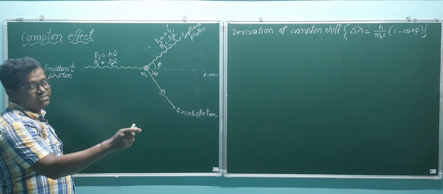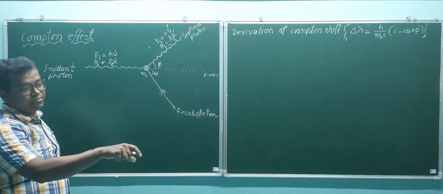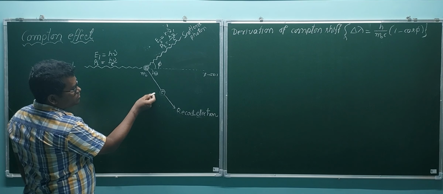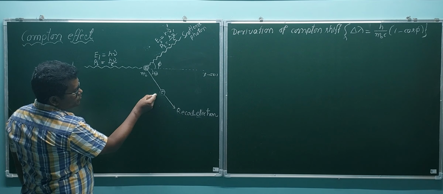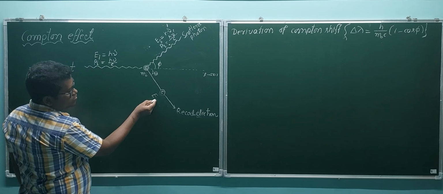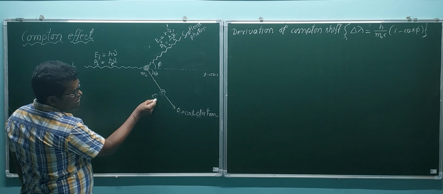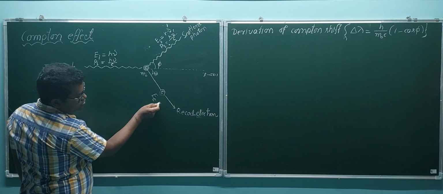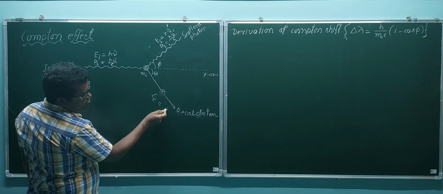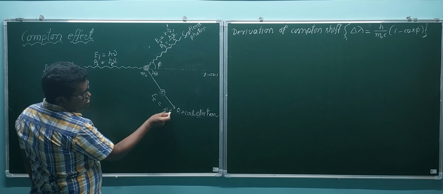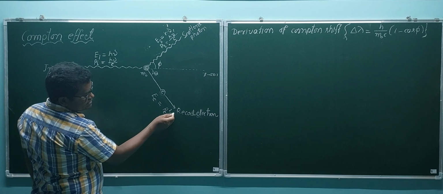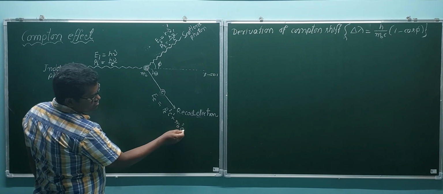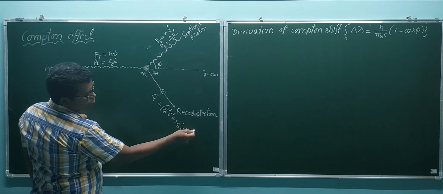That relativistic energy can be related to the momentum, and it is given by, energy of the recoil electron, say small e for electron, is equal to p square c square plus m naught square c to the power 4, whole to the power half.